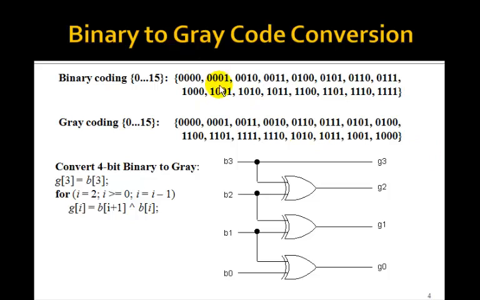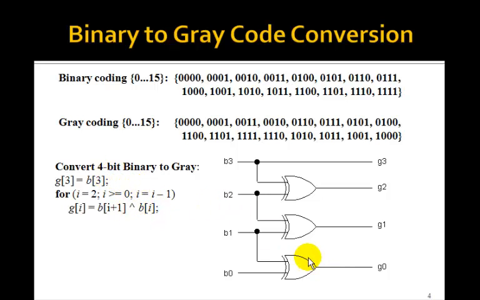This shows a 4-bit binary coding and the corresponding 4-bit gray coding. This algorithm is the 4-bit version of our binary to gray coding algorithm. G3 gets B3, the most significant bit gets copied. Then for i equals 2, i greater than or equal to 0, i equals i minus 1, G i is B i plus 1 exclusive OR with B i.